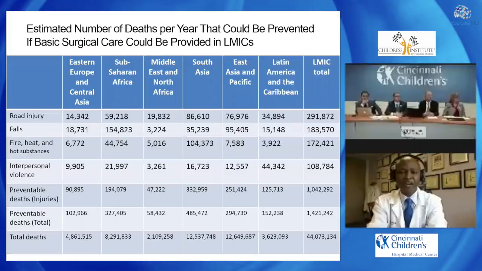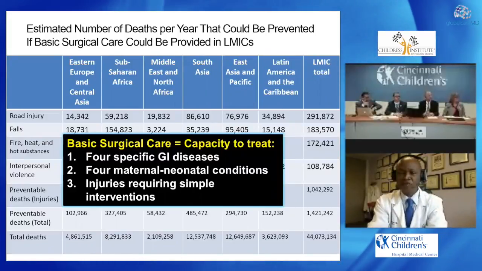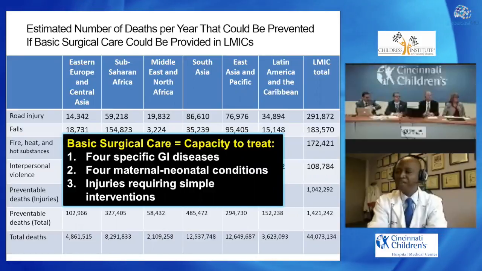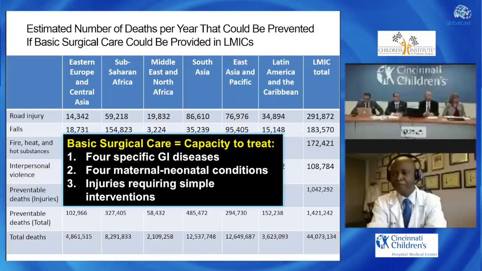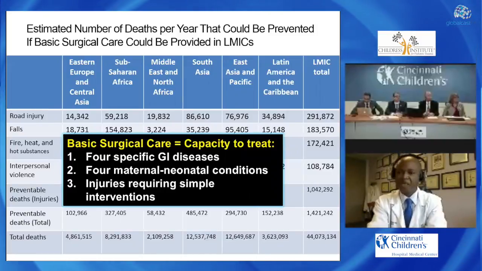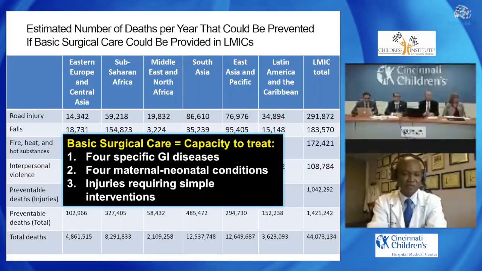They defined basic surgical care as having the capacity to treat 4 specific GI diseases, including familiar things like hernias and appendicitis and bowel obstruction and gallbladder disease, 4 maternal neonatal conditions, and injuries requiring simple interventions.